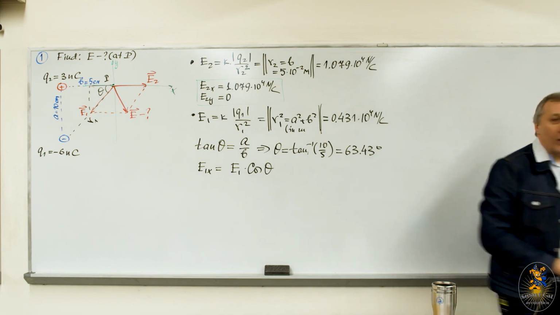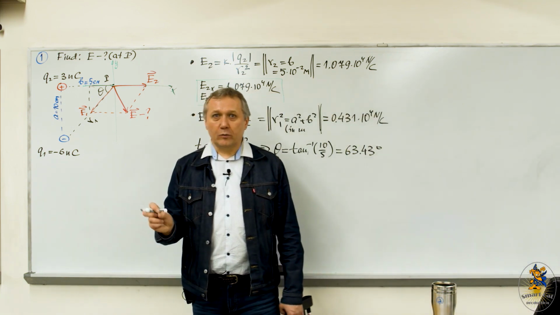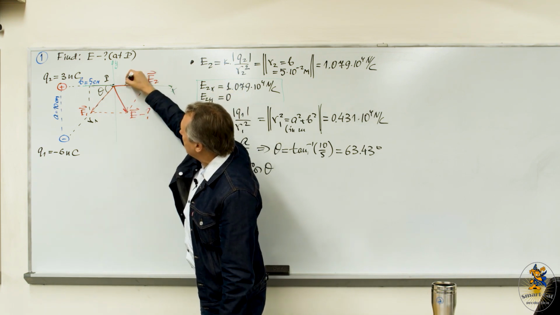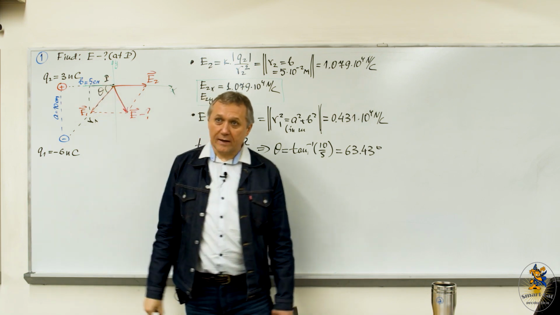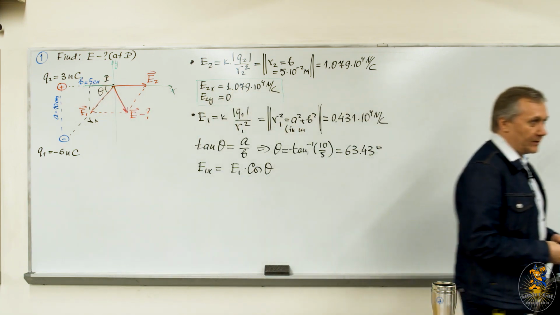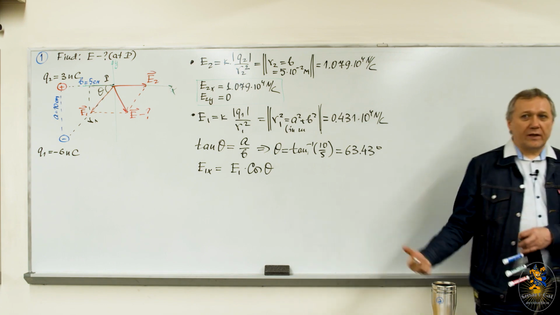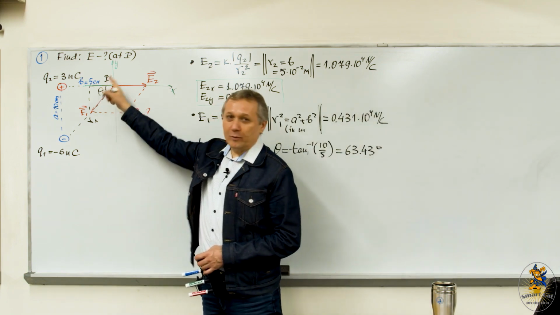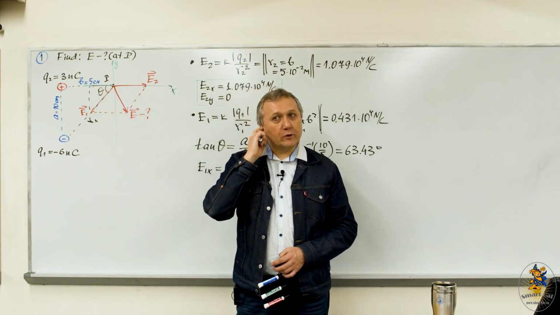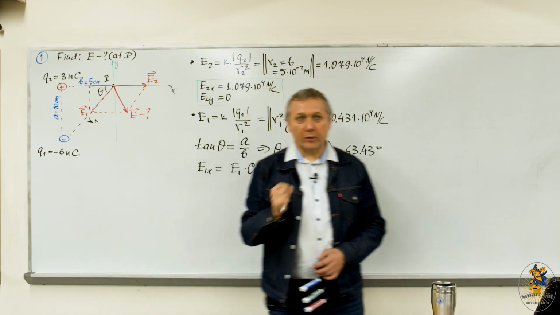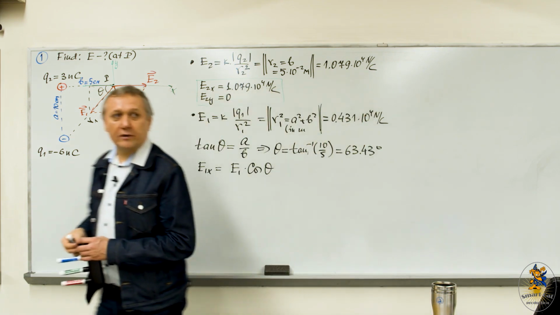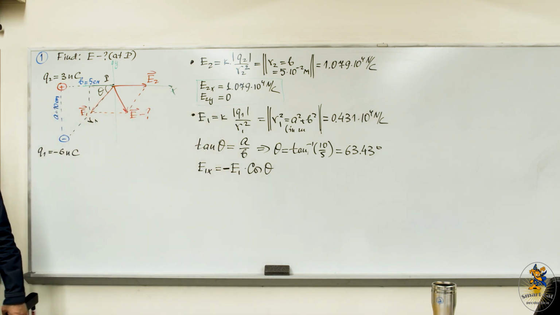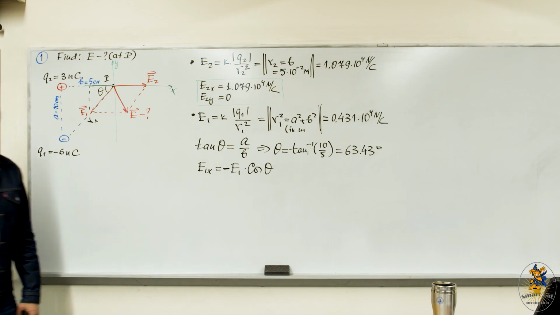What is the conventional angle in vector algebra? If you use the angle from the positive x-axis in a counterclockwise direction, then that minus will appear automatically. But since we're not using that conventional angle, because it's not convenient, we have to take care of pluses and minuses manually. Remember, we emphasized that in our first two recitation classes. So we have to put a minus here, because it's not going to appear from your calculations.